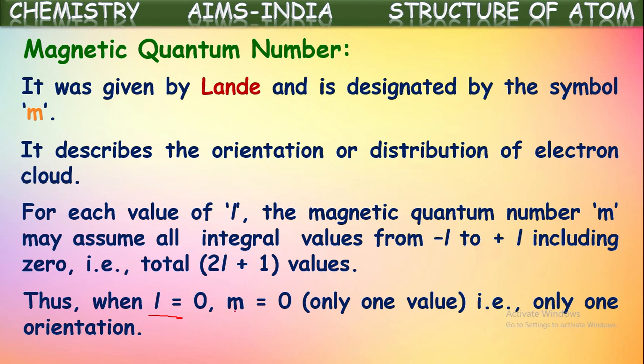L value itself is 0. So M also will be 0. Then only one orientation. The number of values obtained here for M gives a number of orientations. As for M we are getting only one value here, that is 0. So only one orientation is possible, that we say as S orbital or one orbital. Okay, each value of M represents one orbital.